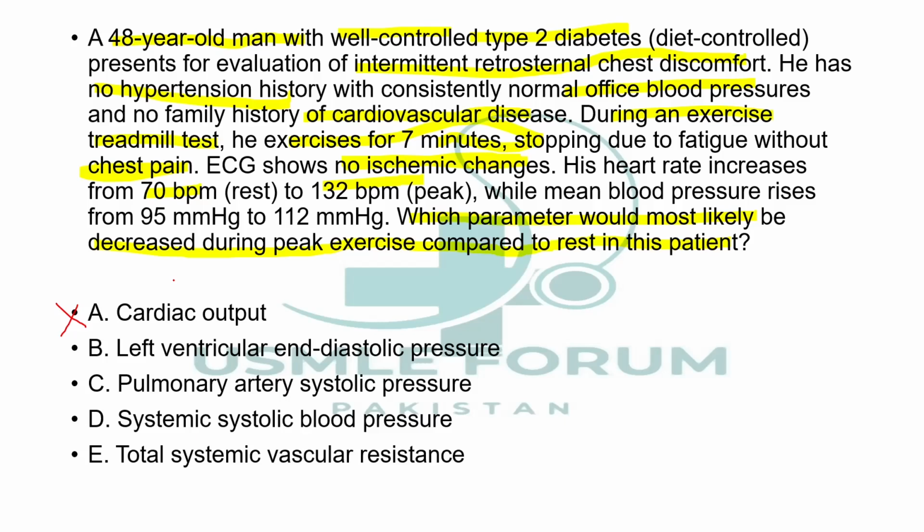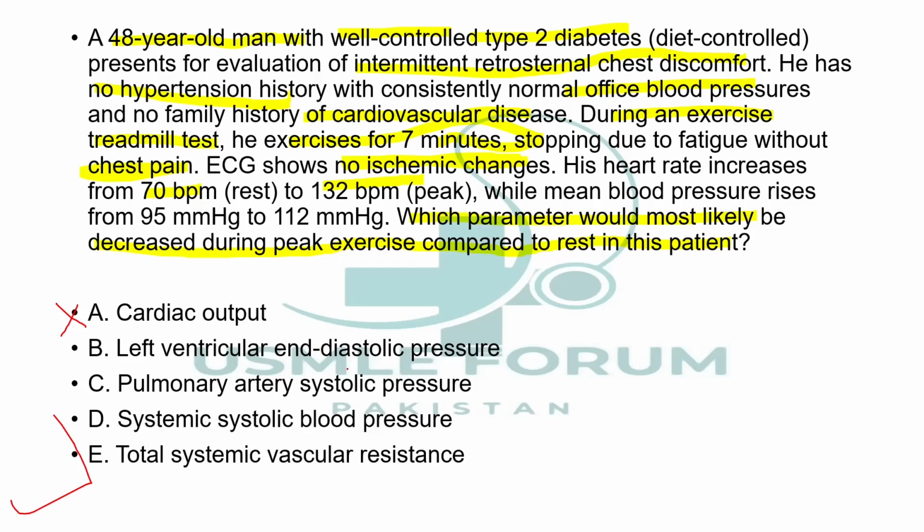So the cardiac output increases. It will never decrease, especially not in states where more cardiac output is needed. So this is the wrong answer because it's logical and smart enough to understand and predict that the cardiac output of the heart will increase. All right.